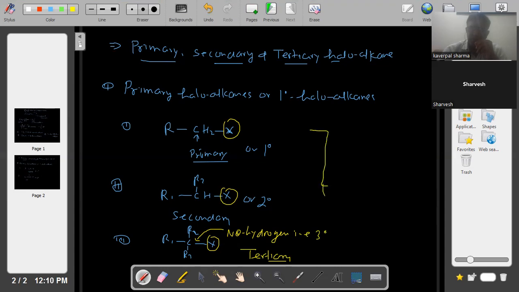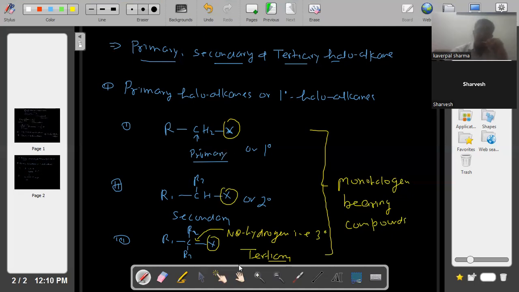They can have more than one halogen, but that is not monohalogen.